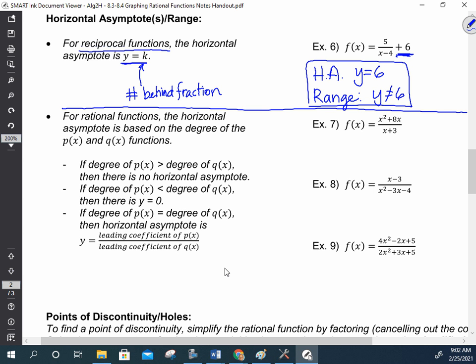Now, if you have a full-on rational function, meaning you have a function at the top and a function at the bottom, that changes the game. It changes the rules a little bit. The horizontal asymptote is based on the degree of the P and Q functions, that is, the top of the fraction and the bottom of the fraction.